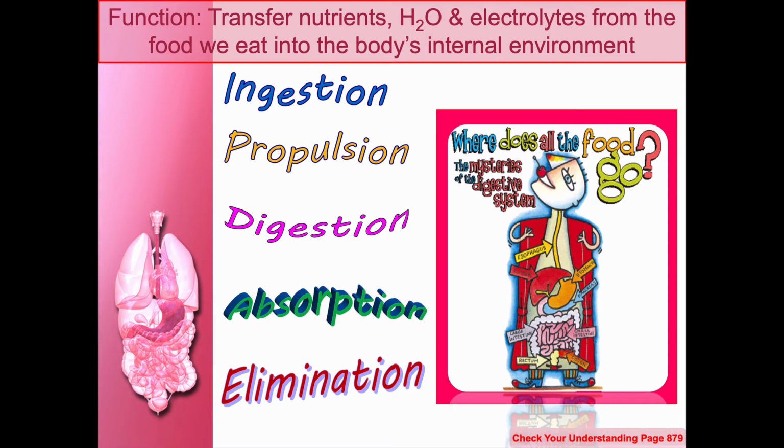Apart from that, water, electrolytes like sodium and potassium, and also medicines are absorbed in the GI tract. We don't eat the food as carbohydrate, we eat the food as an apple. An apple consists of a huge amount of carbohydrates.